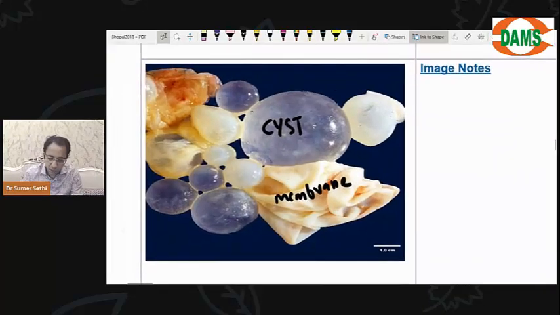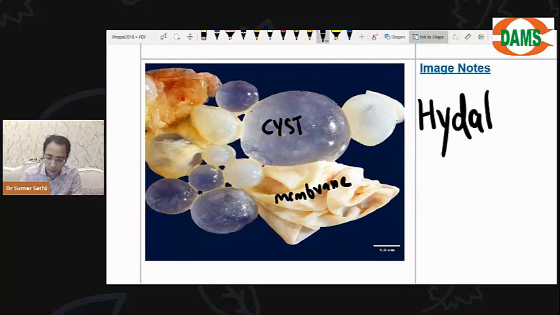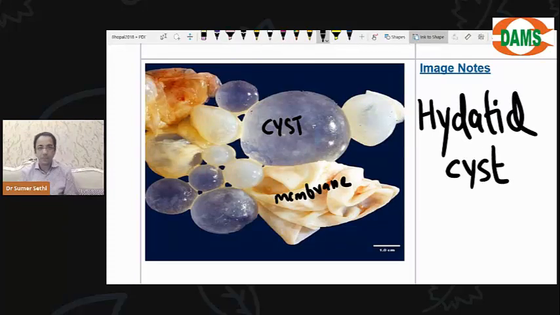Now, cyst means it is with water. And water, listen to me, water in Latin is called hydra. Hydra. Hydatid. So the image is actually showing you hydatid cysts.